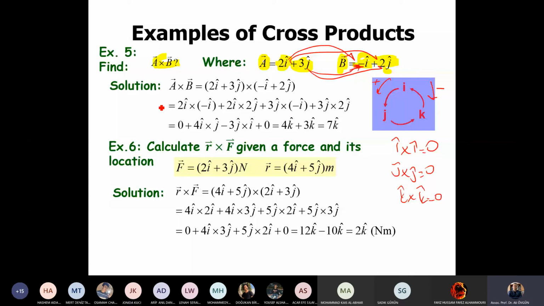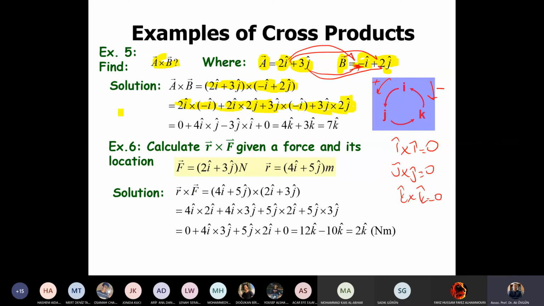So let's look at this example: 2 i hat plus 3 j hat cross product minus i hat plus 2 j hat. As I show here, 2 i hat cross minus 1 i hat, I open the multiplication, plus 2 i hat times 2 j hat, plus 3 j hat times minus 1 i hat, plus 3 j hat times 2 j hat.